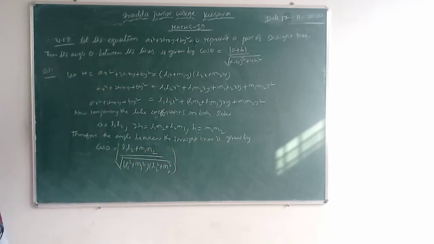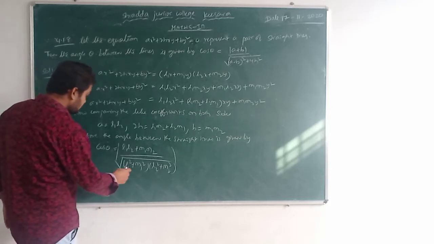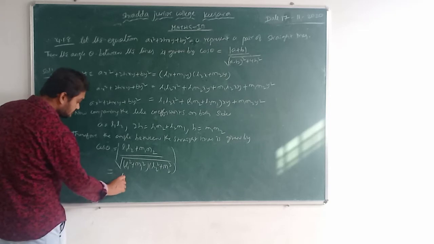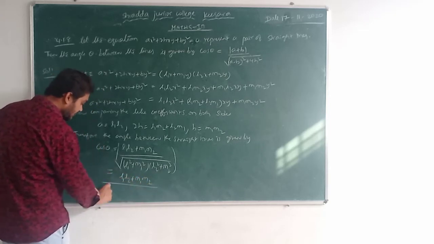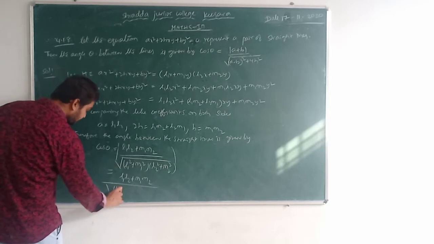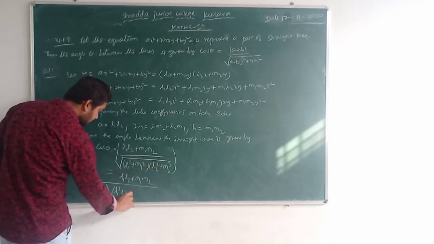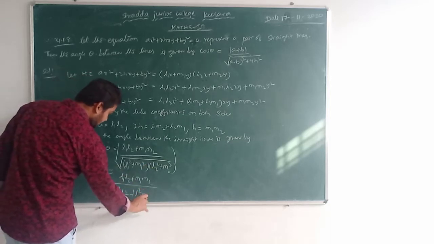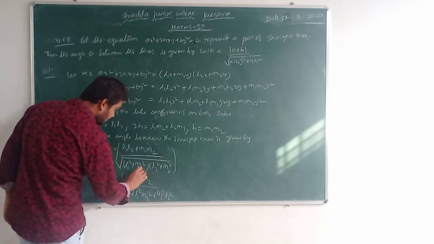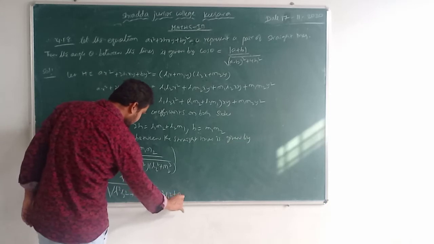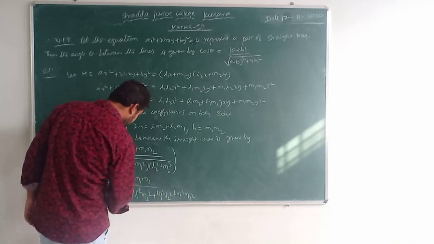See now, how we can write this is equals to L1 L2 plus m1 m2, by multiplying these two, L1 square into L2 square plus L1 square into m2 square plus m1 square into L2 square plus m1 square into m2 square.